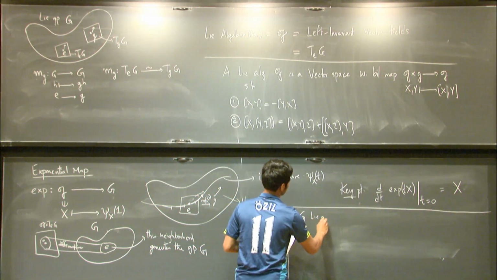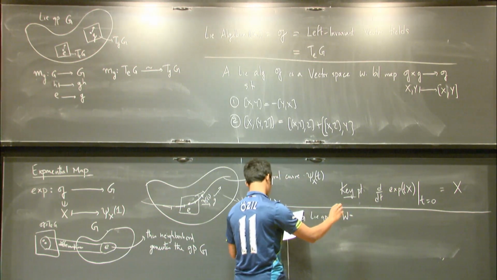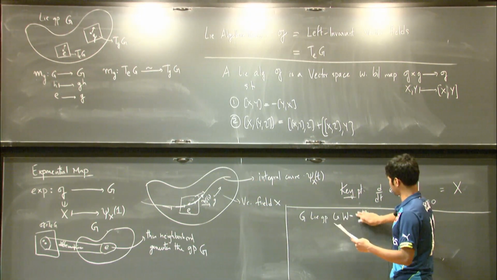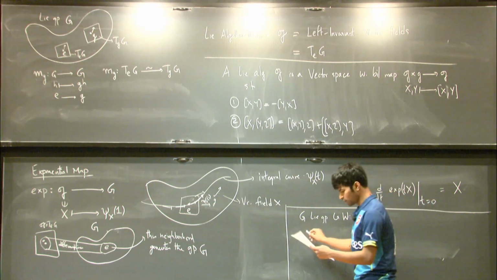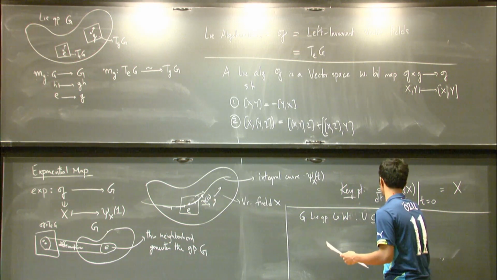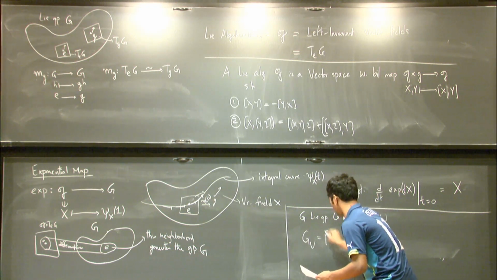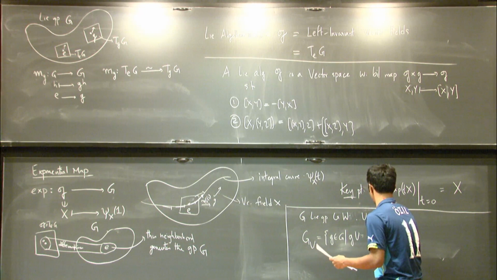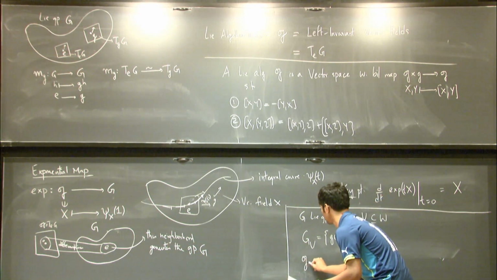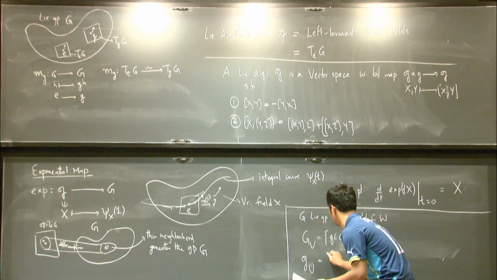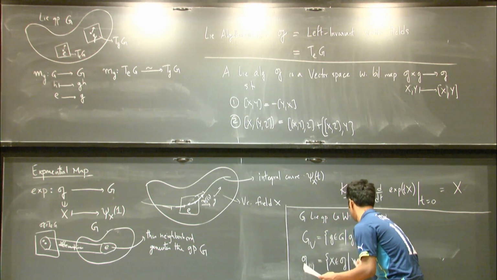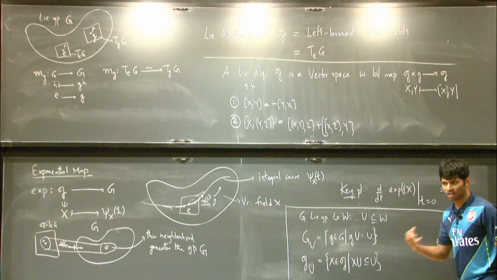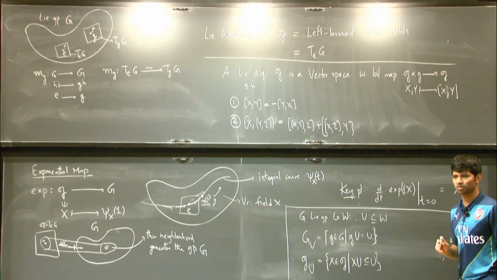If G is a Lie group acting on some vector space, and let's say U is a subspace, and I want to understand all the elements of this Lie group which preserve U, I claim it is enough to understand the Lie algebra, which is the set of all elements in the Lie algebra that preserve U. I still have to tell you how the Lie algebra acts, but let's hold off on that for a moment.